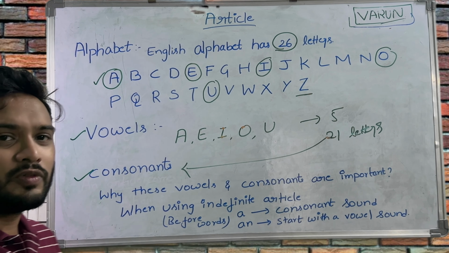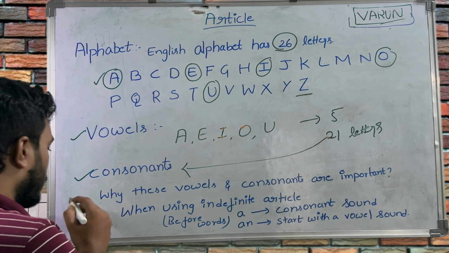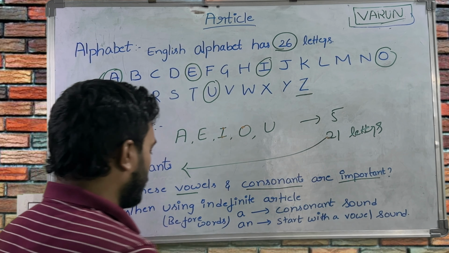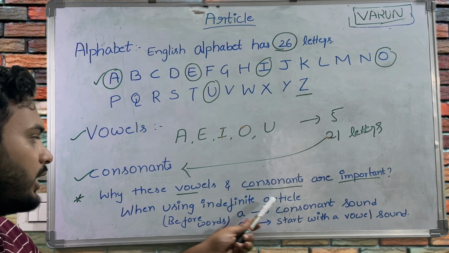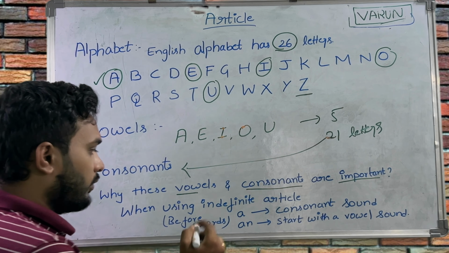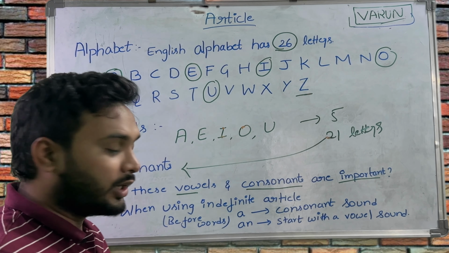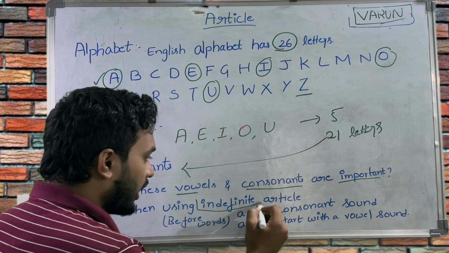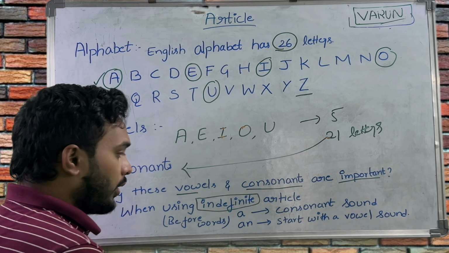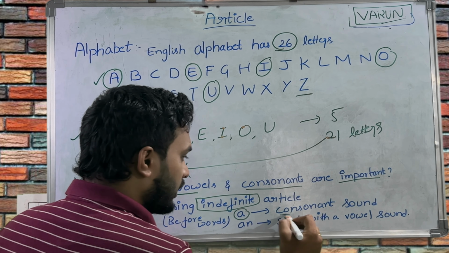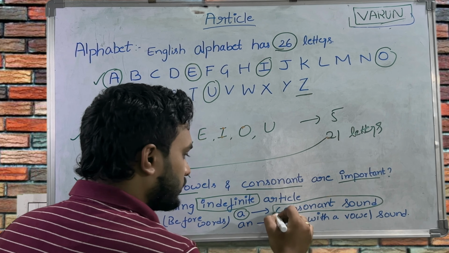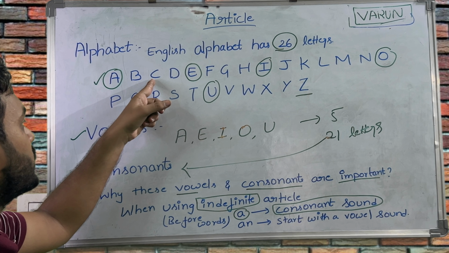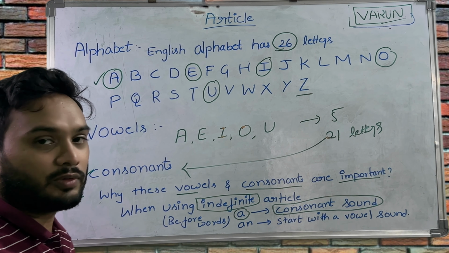Why are these vowels and consonants important? This is an important point. We have two types of articles, definite and indefinite, but while using the indefinite article, for a it will take the consonant sound, like B, C, and D. The sound will start from that letter.